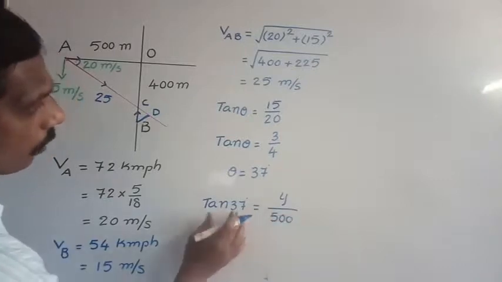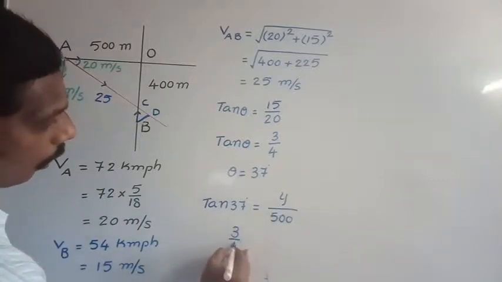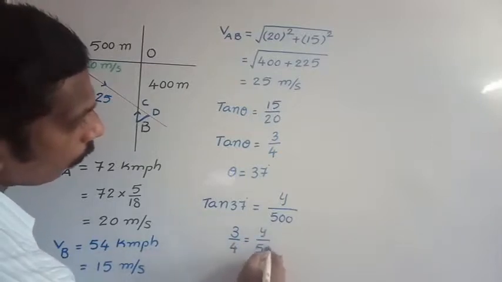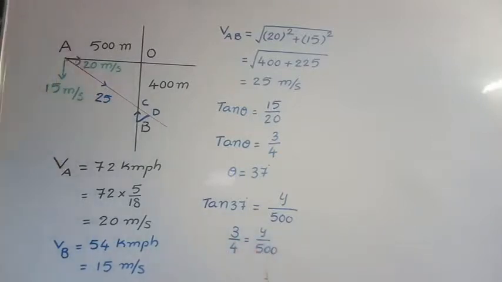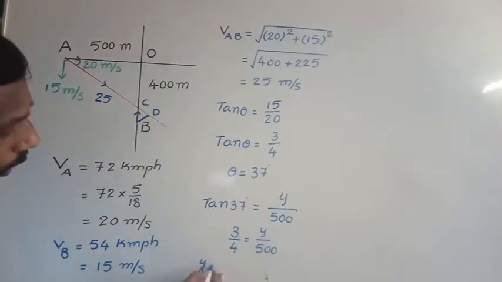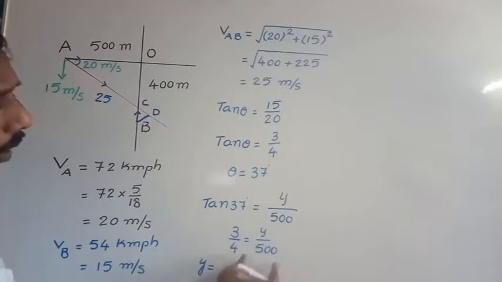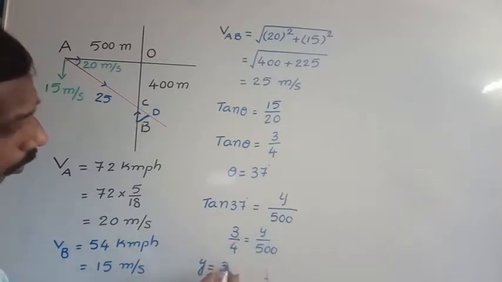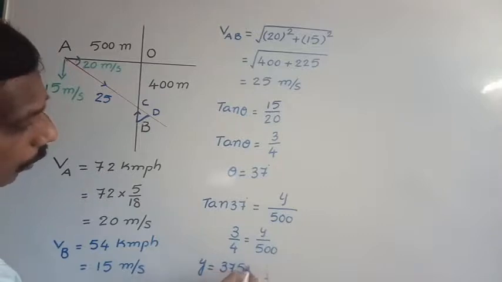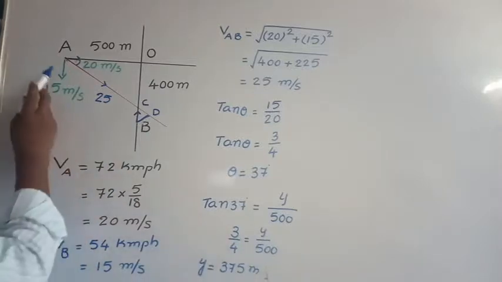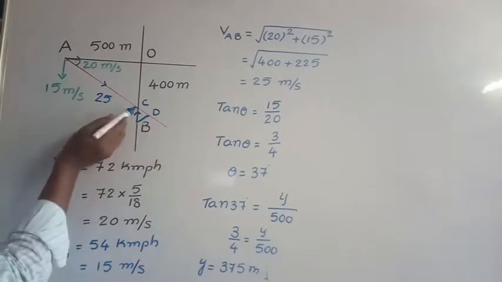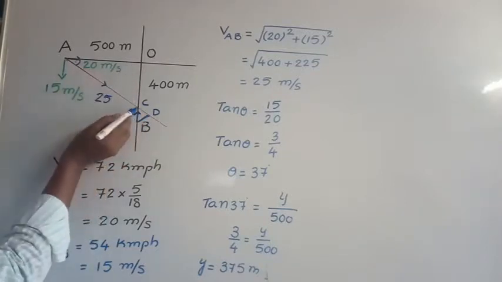Tan 37 degrees is 3 by 4, so 3 by 4 is equal to y by 500. Cross multiplying, we get y equal to 125 times 3, that is 375 meters. So particle A is at 375 meters from the origin O.